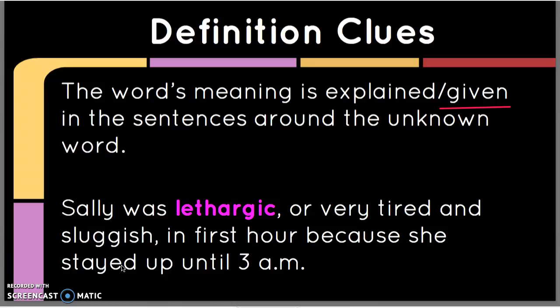Here is an example sentence. Sally was lethargic, or very tired and sluggish, in the first hour because she stayed up until 3 a.m. In the sentence, you can see that you're given a comma right after lethargic, and your definition is inserted right into that sentence.